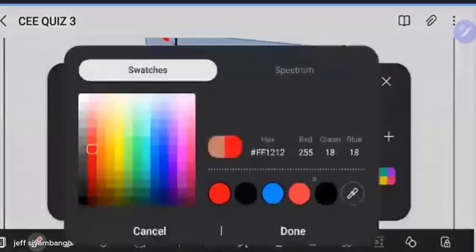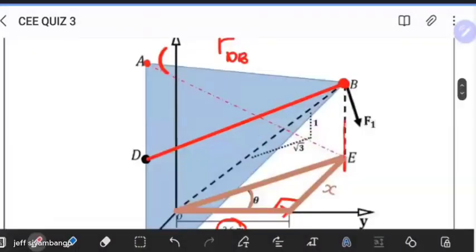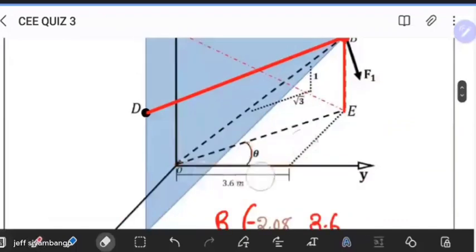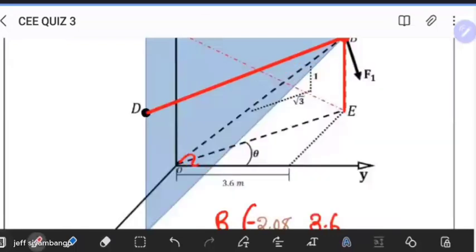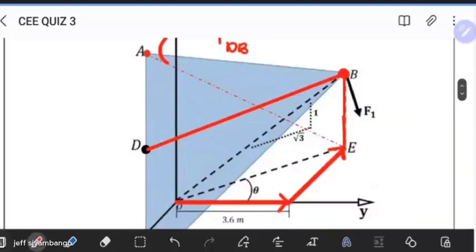Z has to be parallel to the z-axis. Z is here. Remember where we're coming from and where we're going. We said the y component will be from here to here. The x component will be the one we just found up to there. So the final one will be this one that takes us finally up to B.